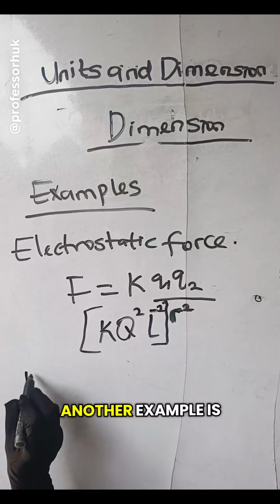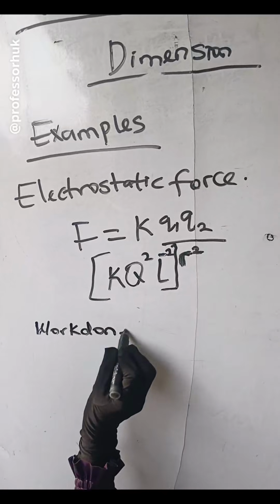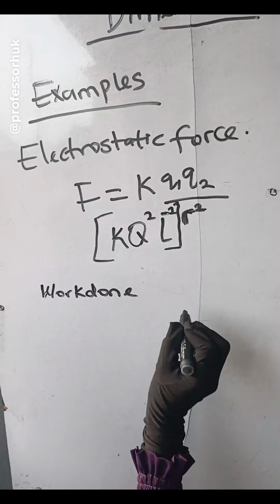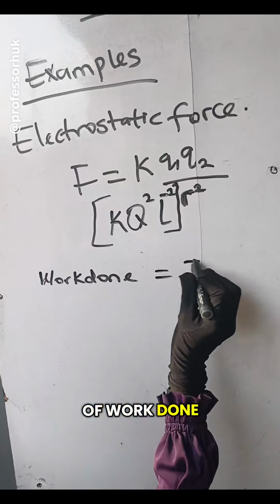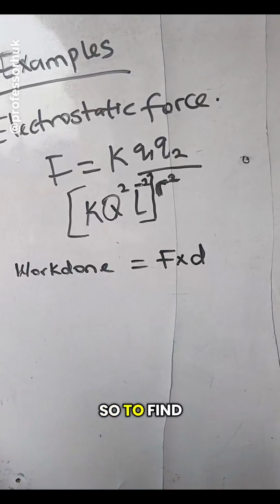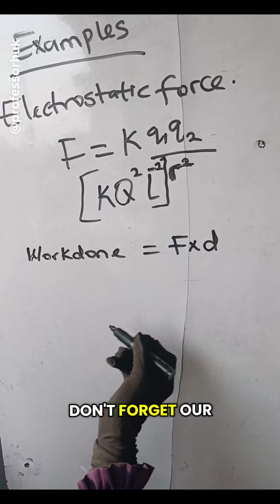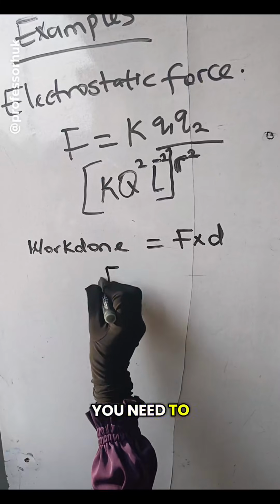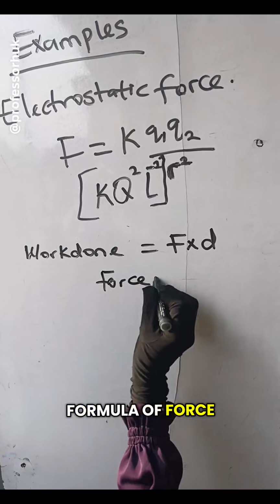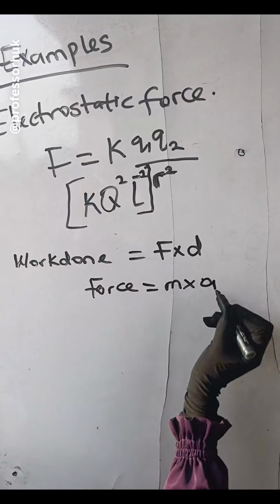Another example is, find the dimension of work done. The formula of work done is force times distance. So to find the dimension of work done, which is force times distance, you need to firstly find the formula of force. Force is what? Mass times acceleration.